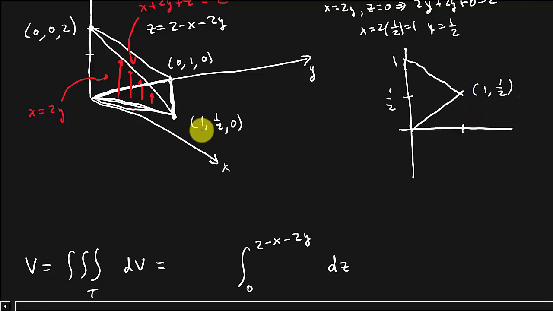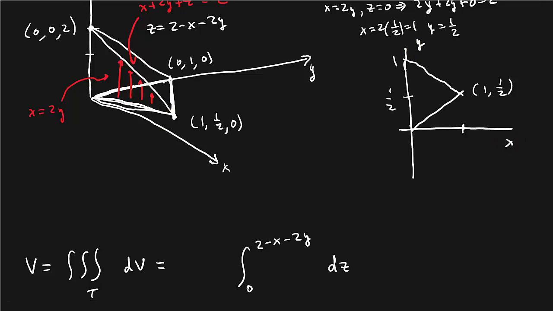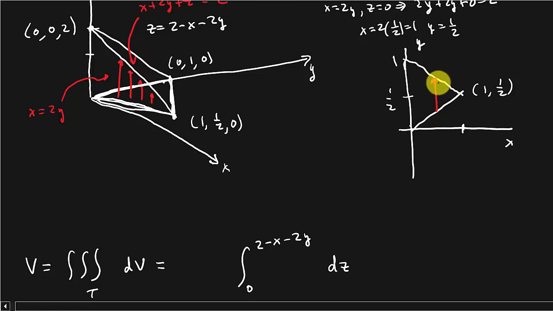Y starts out at 0, 1, and x is coming from 0, 0. This is your x-axis, and this is your y-axis. Let's integrate with respect to y and x, so I'm going from this line to this line. I need the equation of those lines.